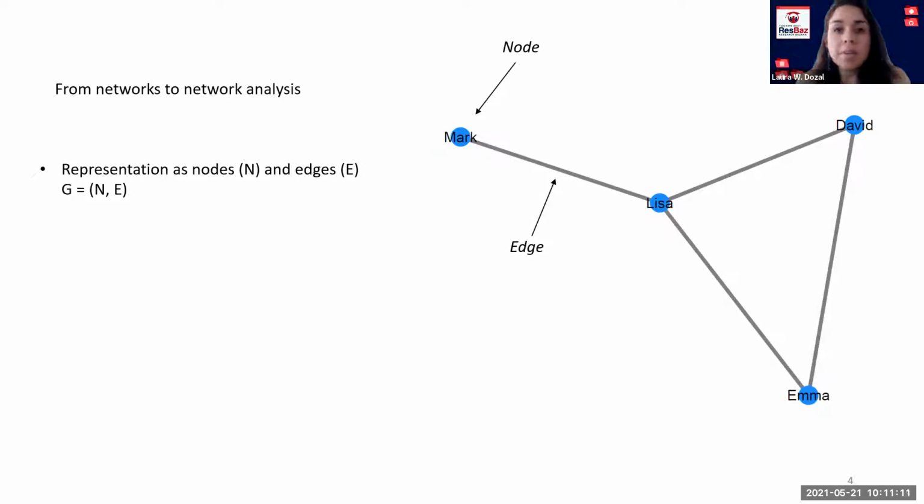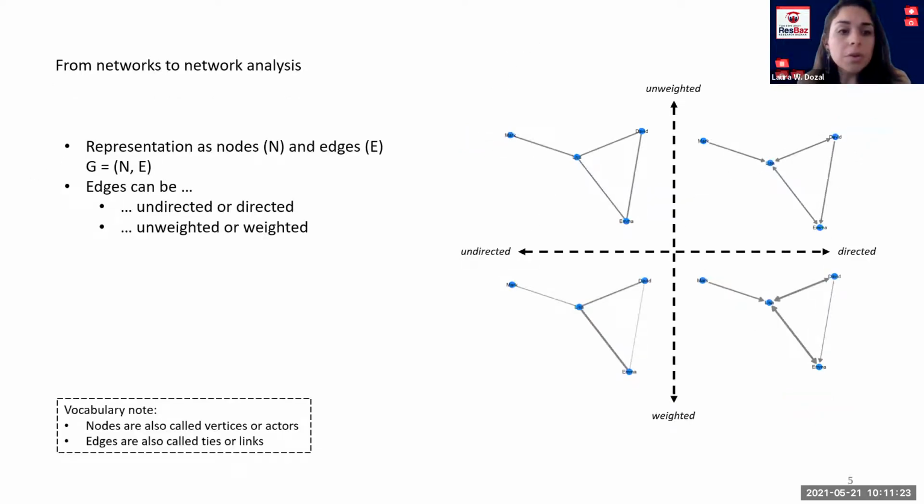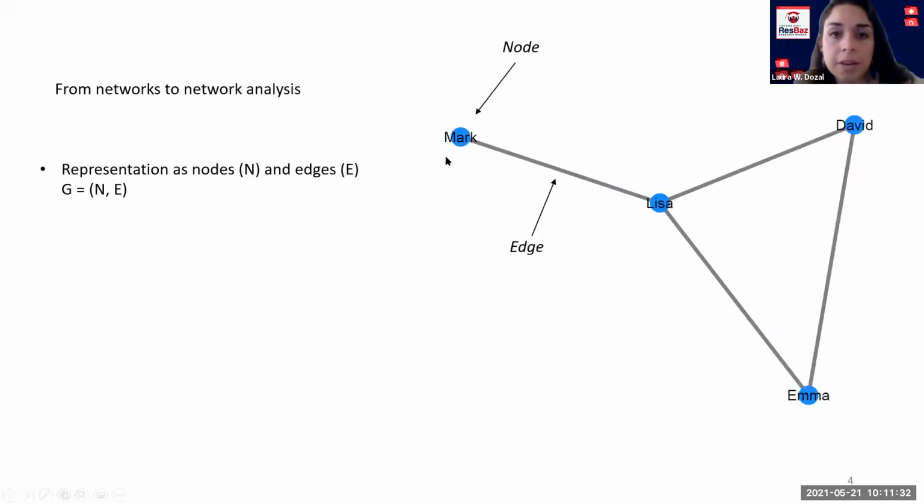So at the bare minimum, we have two main players in network analysis. We have a node and we have an edge. Nodes are usually called vertices or actors. So here are the circles. Mark, Lisa, Emma, and David, they're nodes. They can also be called vertices or actors.